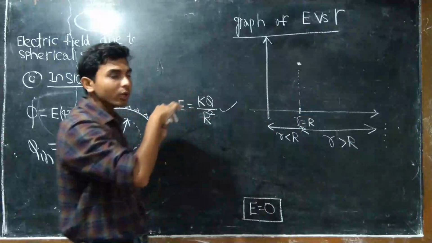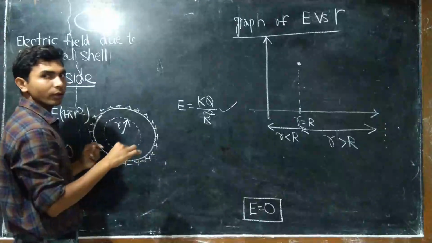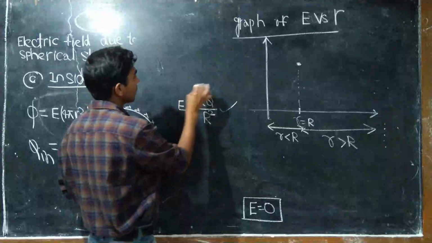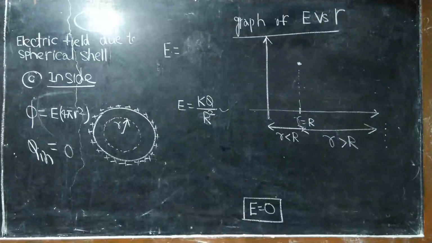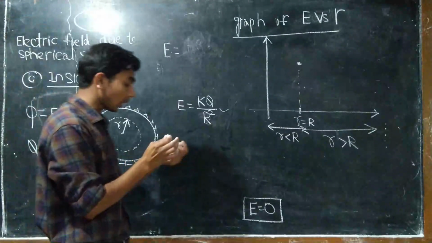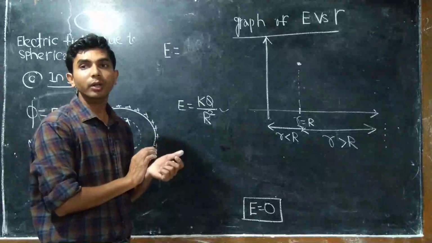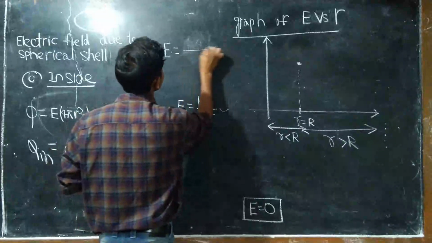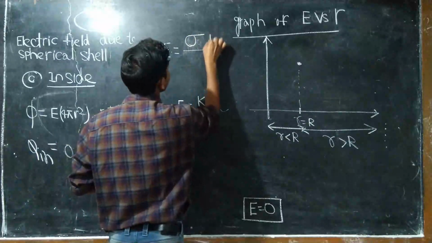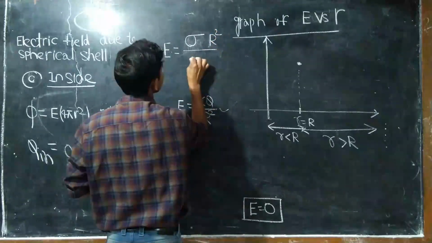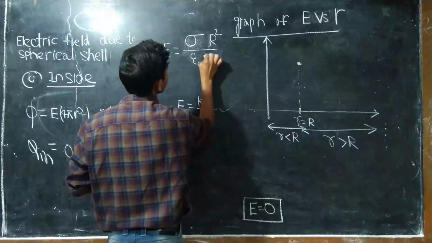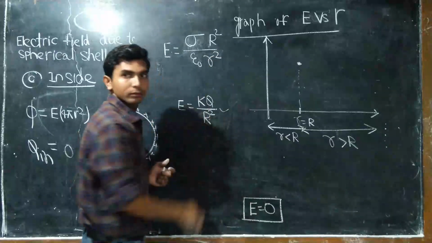What is the formula for electric field outside? You know the formula: sigma R square by epsilon 0 r square.